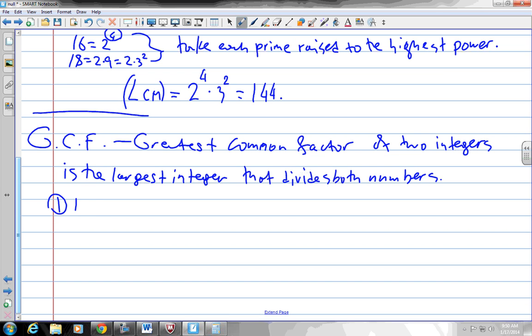So again, prime factorization, and take the smallest powers of common primes.